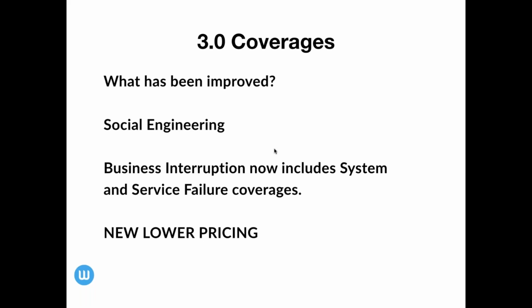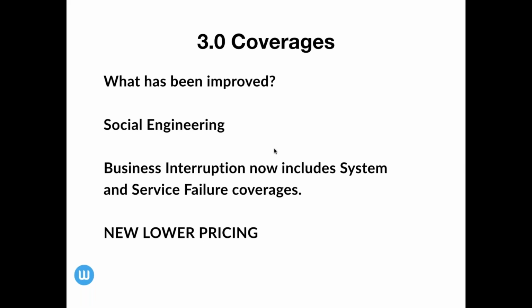There is no longer any barrier to getting coverage in the policy language itself. If you fraudulently pay somebody money, then you are covered up to $250,000 sublimit. So I hope that that's an improvement that will help you sell this policy. More than likely, it's more just a housekeeping item to make sure that the policy language matches with the intent of the coverage and the carrier's ability to actually cover what they say they're going to.